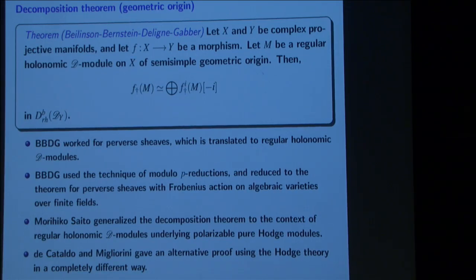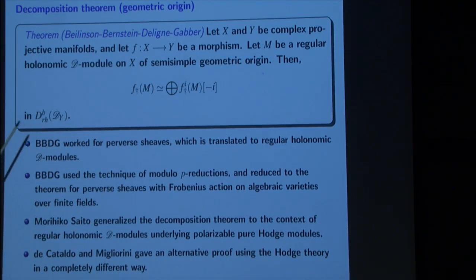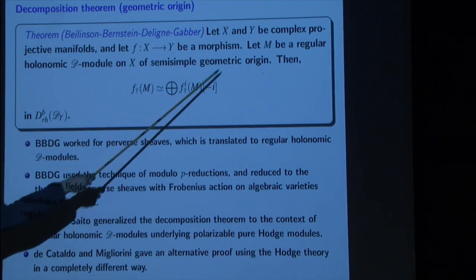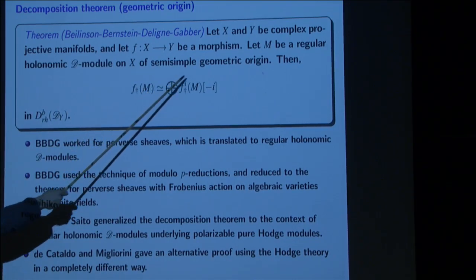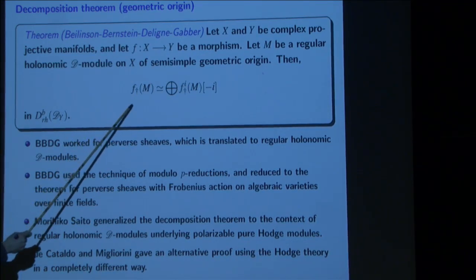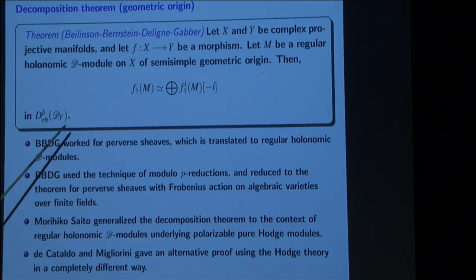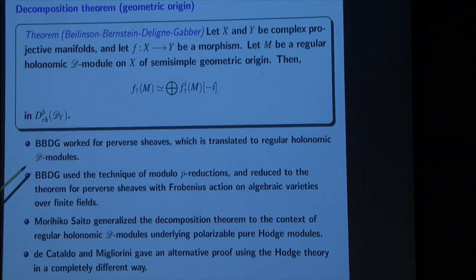Then, according to the celebrated decomposition theorem due to Beilinson, Bernstein, Deligne, and Gabber, if M is a regular holonomic D-module on an algebraic manifold X, which is of semisimple geometric origin, semisimple meaning semisimple objects in the subcategory of geometric origin objects, then its pushforward by a proper algebraic morphism is isomorphic to the direct sum of its cohomology objects in the derived category of regular holonomic objects.